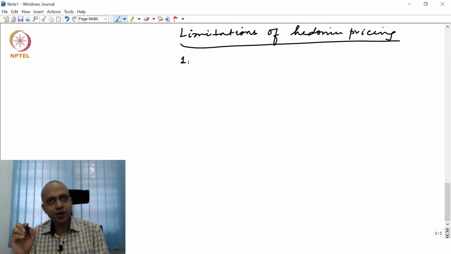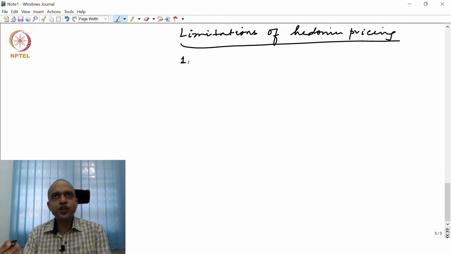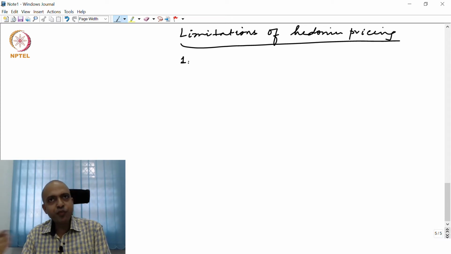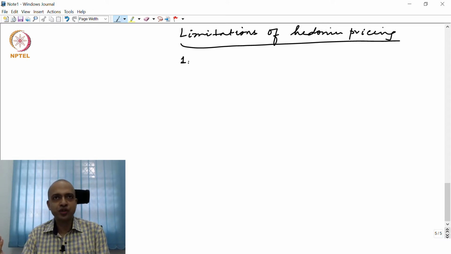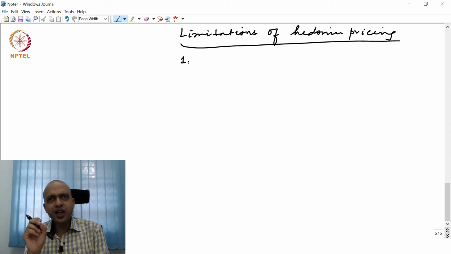For example, somebody going to office in that locality, going to school, or simply commuting in that area for shopping or other purposes, who don't have a house there. Their willingness to pay, their benefit, is not captured. So through housing prices, hedonic pricing can capture only a part of the total value of the environment. That is the biggest limitation.